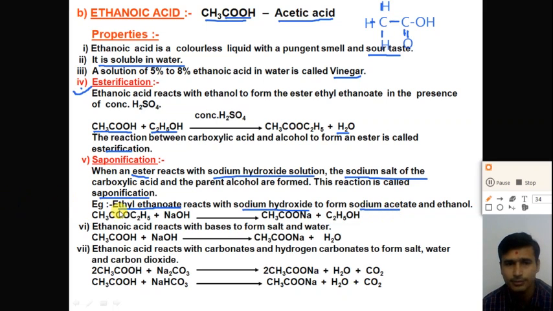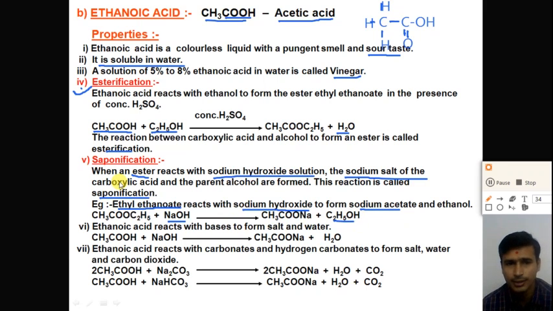What is the molecular formula of ethyl ethanoate? CH3COOC2H5 reacts with sodium hydroxide NaOH. It forms CH3COONa, that is sodium acetate, and alcohol. This reaction is called saponification, right?